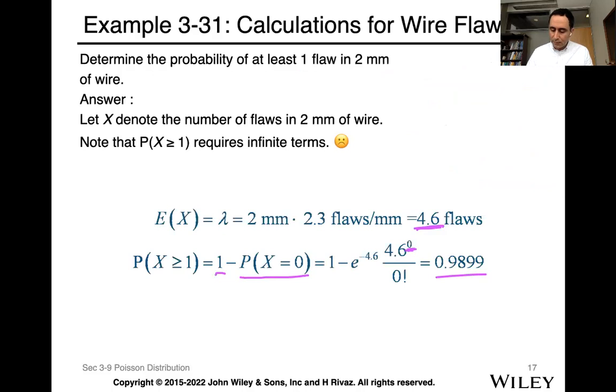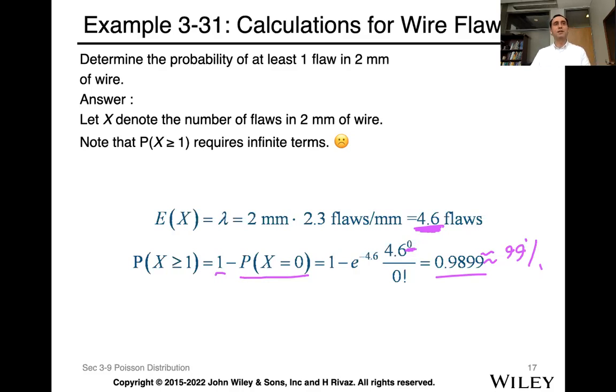We see that this probability is very large, approximately 99%. That means that if I have 4.6 flaws on average, there's only a 1% chance that I have no flaw in that length of wire. To be honest, that's a bit lower than what I expected.